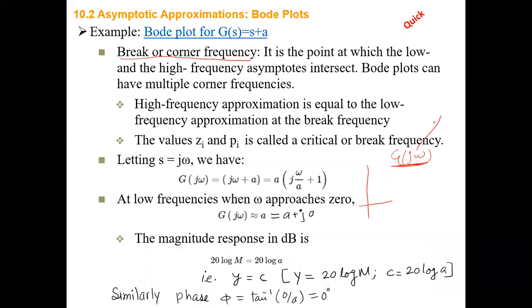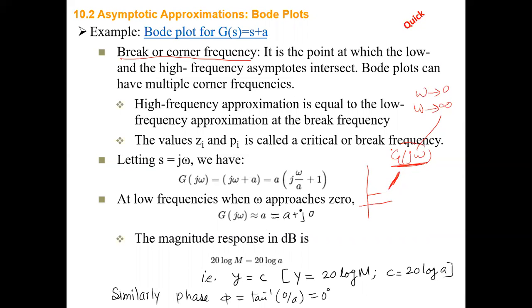We have to plot this function. When omega tends to 0, let's say this function behaves like this. When omega tends to infinity, let's say this function behaves like this. This is just an example.